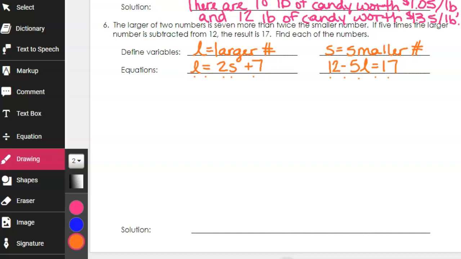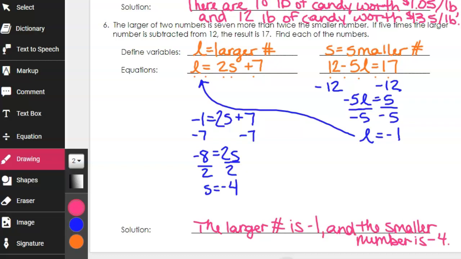So take a moment to pause your video, finish the problem, solve it, write your solution as a complete sentence, and check back. Your second equation only had the variable for the larger number, so you could solve for that larger number, and you could substitute it into the first equation and find the smaller number. The larger number was -1 and the smaller number was negative 4.